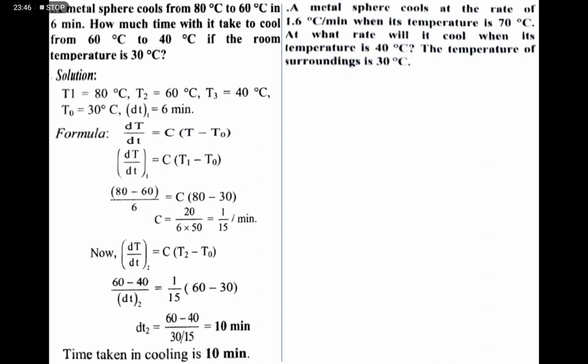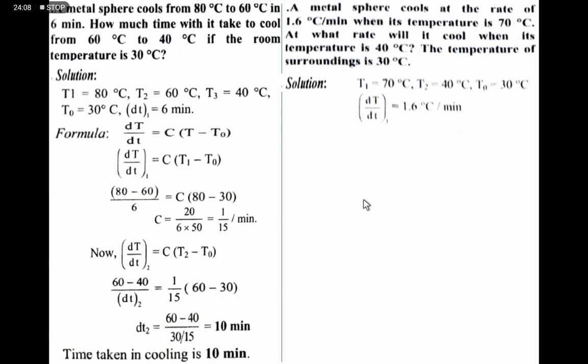The temperature of the surrounding is 30 degrees Celsius. It is the same problem, but here the rate of cooling is given. Then the second time we have to find out the rate of cooling when the temperature becomes 40 degrees Celsius. So we'll try to solve this problem.